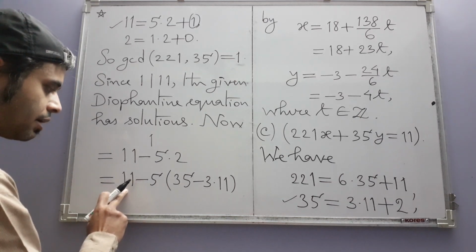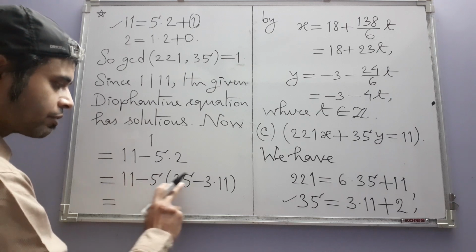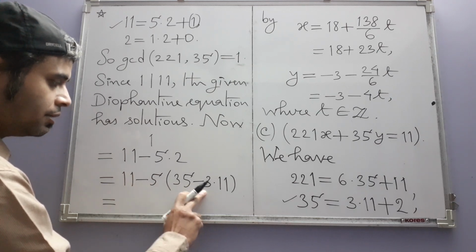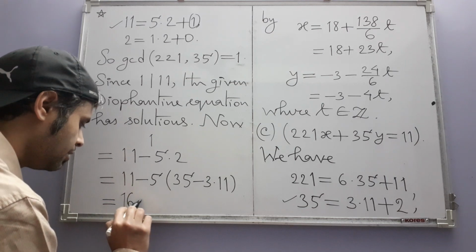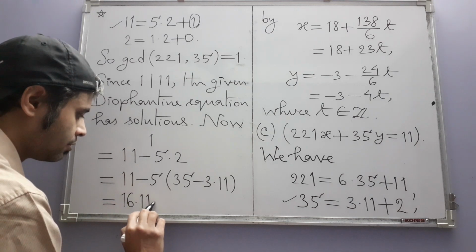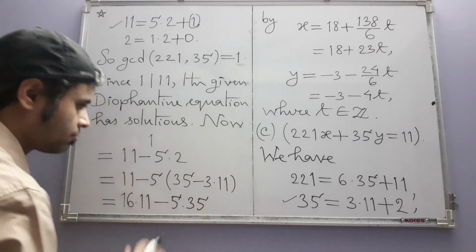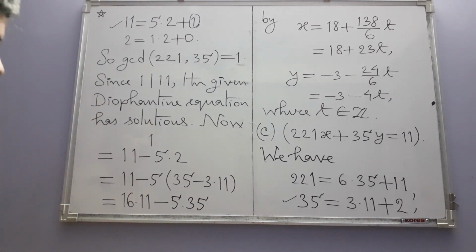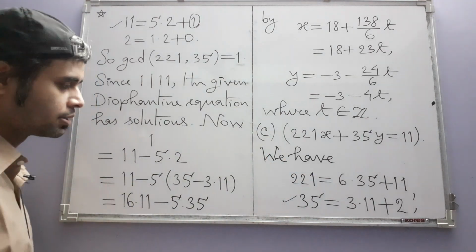Here you have 1 eleven, and this term will give you minus 5 times minus 3 is 15, 15 elevens. So 16 times 11 minus 5 times 35. And now you replace this 11 using this equation.